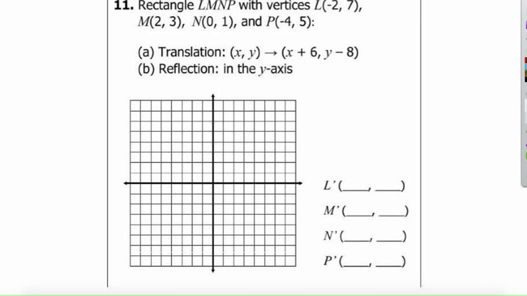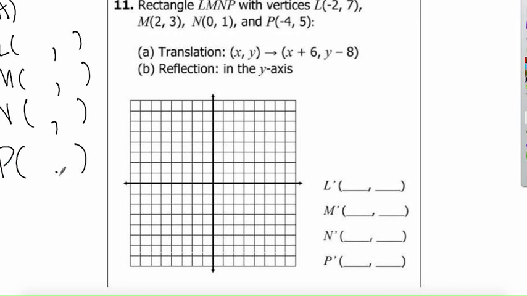Alright, so on number 11, I need to translate it first. So I'm going to write over to the side here my translation. I'm going to write what's happening to L, M, N, and P. So I'm just kind of seeing what's going to happen from my translation. So I'm going to go ahead and label my original ordered pairs.